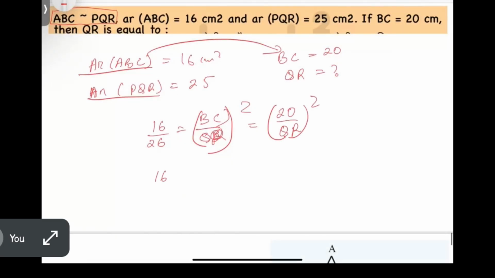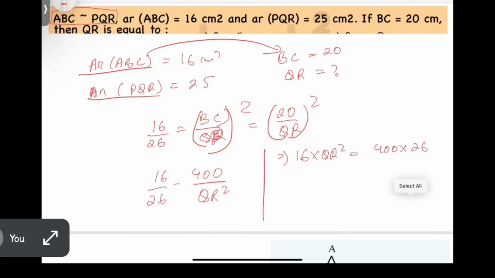So 16 divided by 25 is equal to 20 square, which is 400, divided by QR whole square. I'll simplify further: 16 into QR square is equal to 400 into 25. So QR square is equal to 400 into 25 divided by 16.